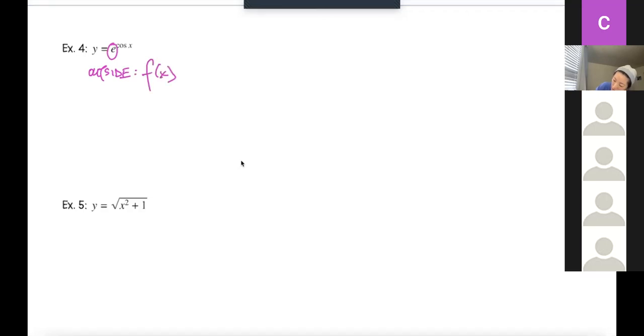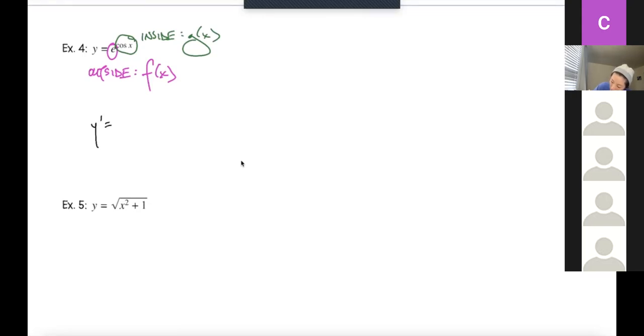Right? We said earlier, someone walks up to you on the street, they hand you this function. You're going to cosine that x first, which means this is your inside function. Perfect. Exactly. g of x equals cosine x.